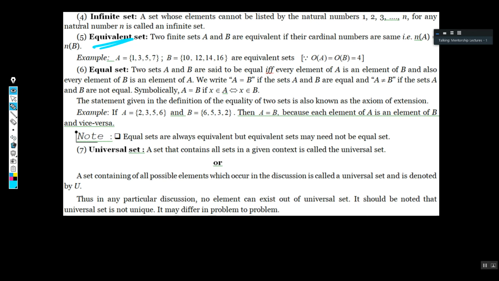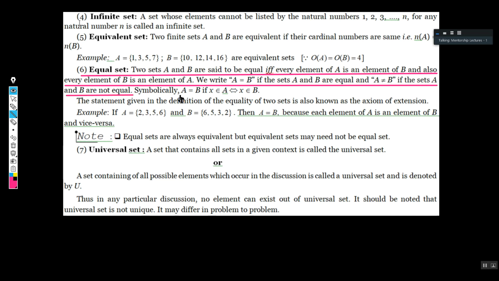Equivalent means the cardinal number must be same. But equal sets means each and every element must be same. Understand the difference between equivalent and equal. Equal sets means every element of set A must be equal to every element of set B. Then only we can say that those two are equal sets, and we write it as A is equal to B. And if A is not equal to B, then the sets A and B are said to be not equal.